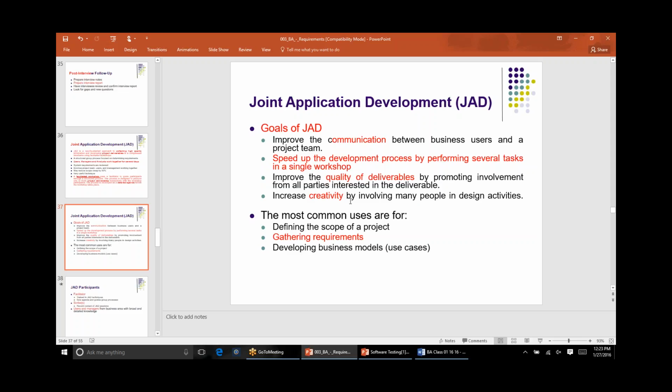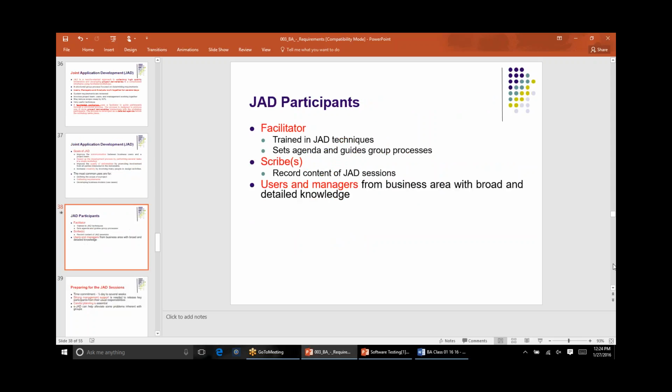In its creativity, you can define and you can work better. So that's why joint application development helps.